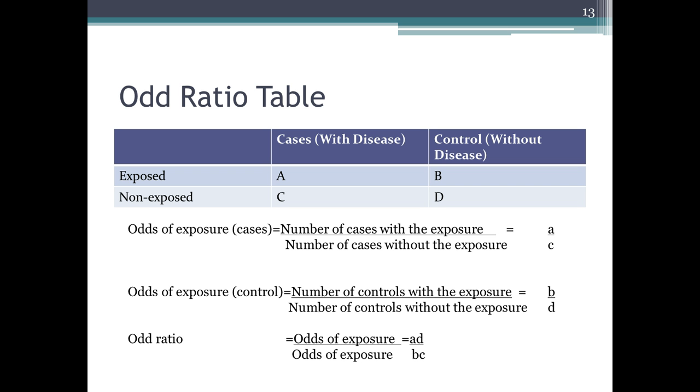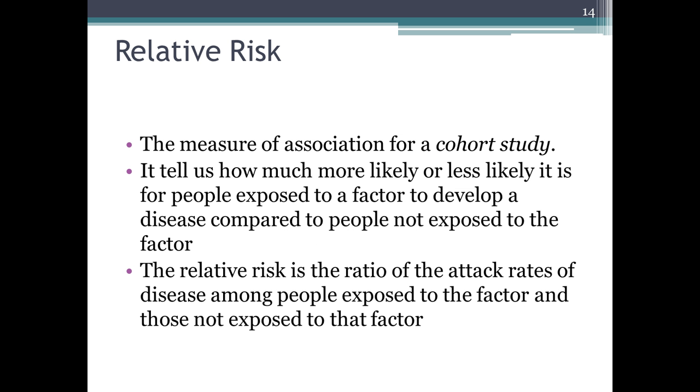So A and D would be the odds for the exposed, and B and C would be the odds for the non-exposed, and you divide those both and you get the odds ratio for the case and the control.